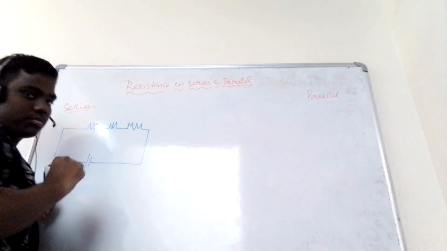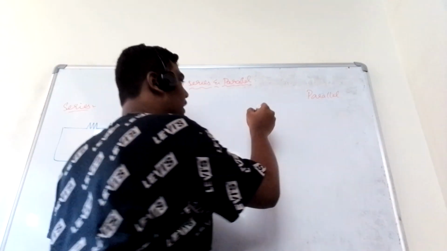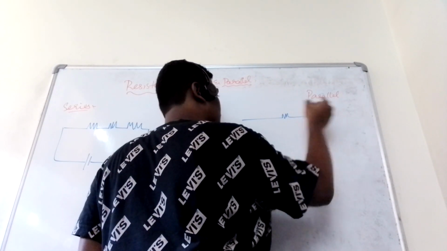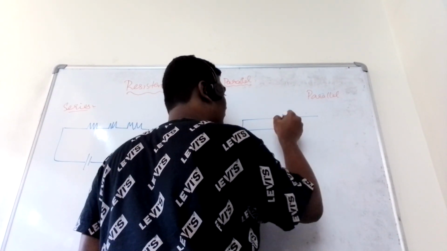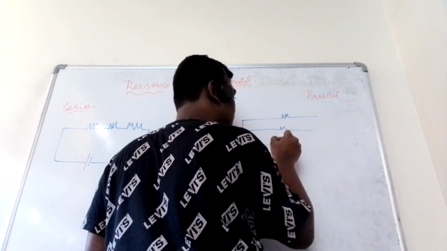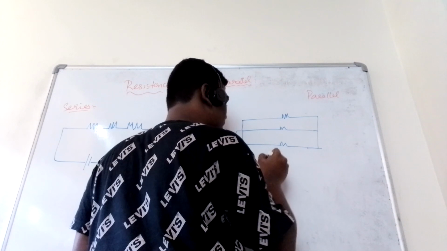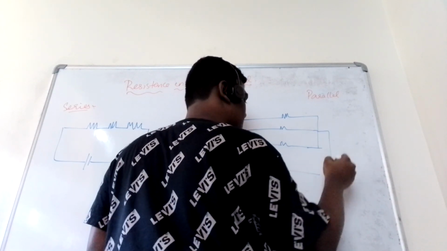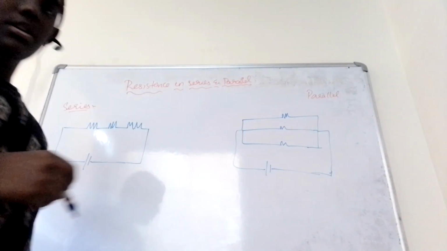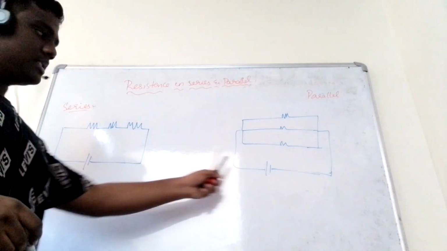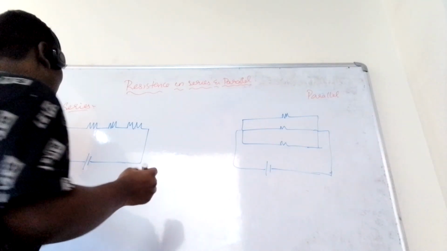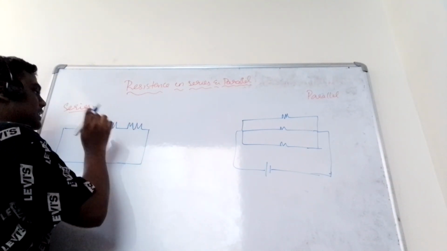This is one thing. Here I am taking another circuit in which I am connecting the three resistors in parallel. Just now I said I have shown you the parallel and series representation, correct? So this is the parallel combination, this is the series combination. Let all these resistors be identical.